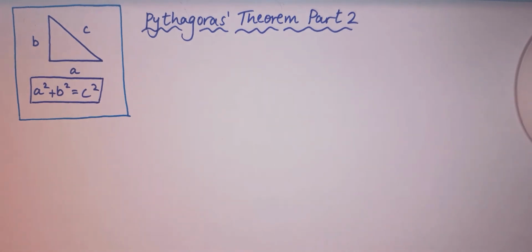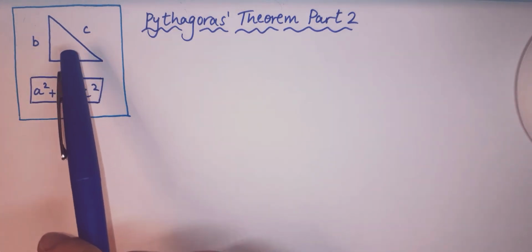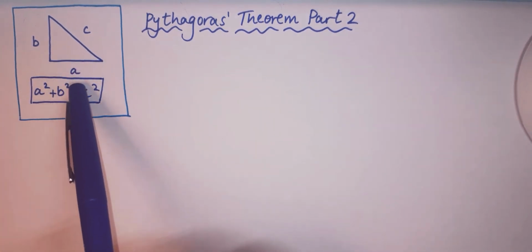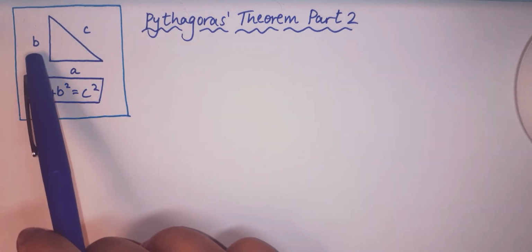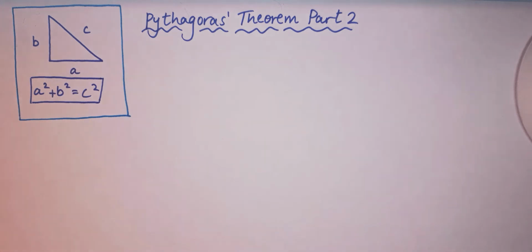We looked at two questions, and in those the question gave us length A and length B, and we were told to find length C. Those are quite simple versions of questions that you can be given regarding Pythagoras' theorem.